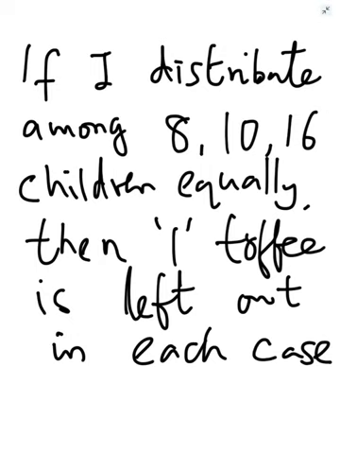That means if I distribute those n toffees among 8, 10 or 16 children equally, meaning each child gets an equal number of toffees, then I observe that one toffee is left out in each case, meaning the remainder is 1.